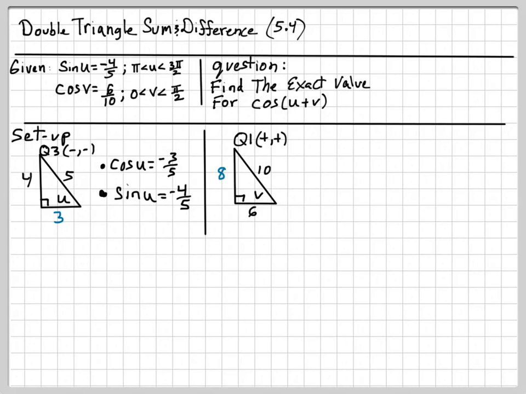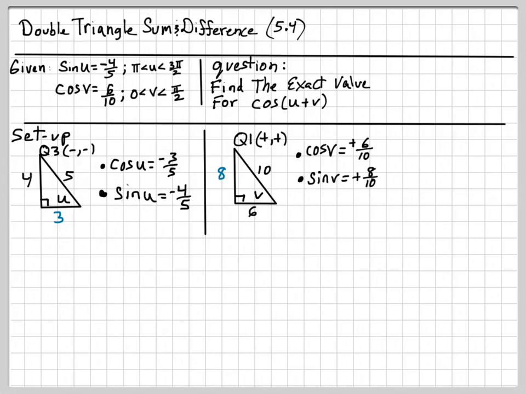And remember that in the given section, it says that the angle v is between 0 and pi over 2. Well, that corresponds to quadrant 1, which is plus, plus, and that is telling us that cosine and sine of that angle will be positive.